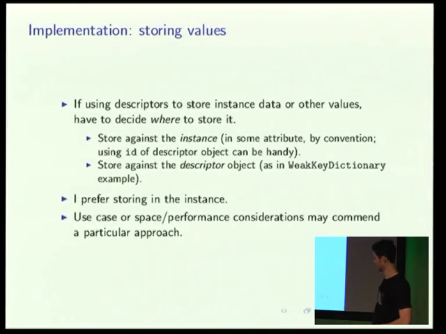However, there may be something about your use case, or there may be space or performance considerations that commend one particular approach over the other. If you're not sure, try both ways, do some empirical testing, work out what the appropriate way of storing data is going to be in your case. So I'm not telling you which way to do it. I'm just saying I prefer a particular way where it's feasible.